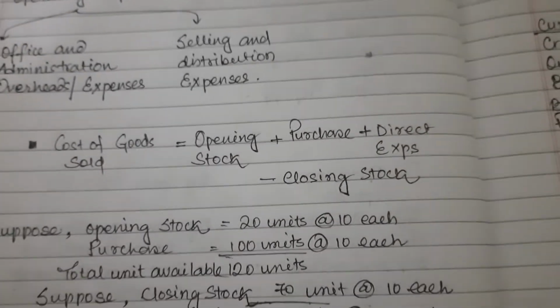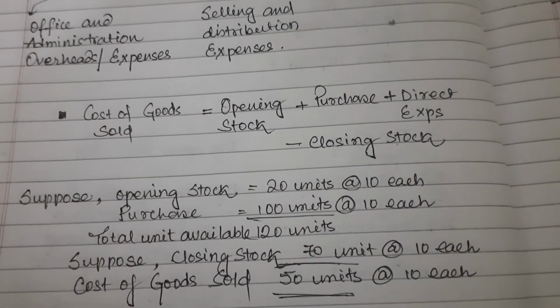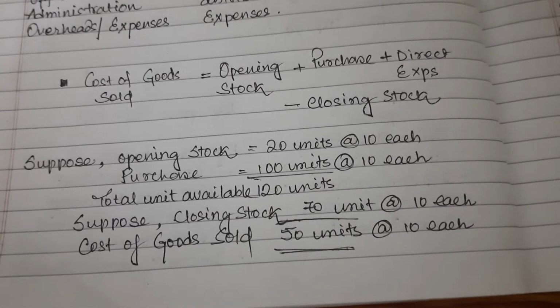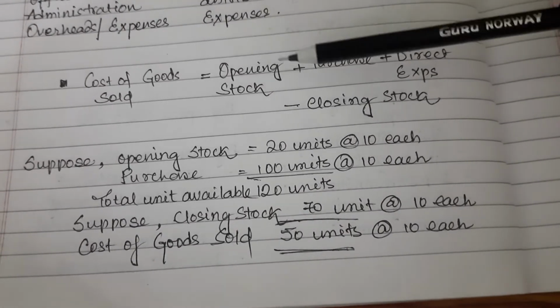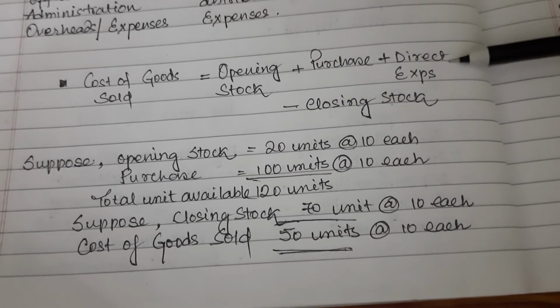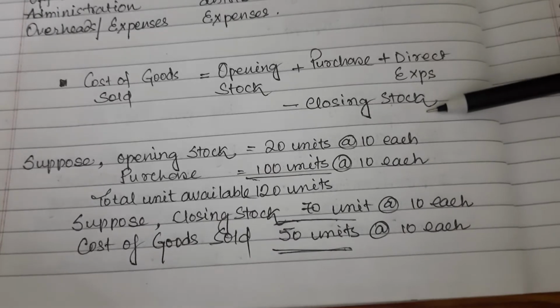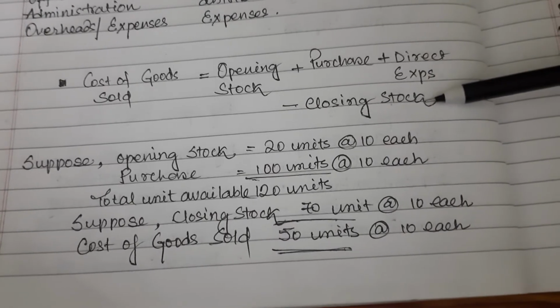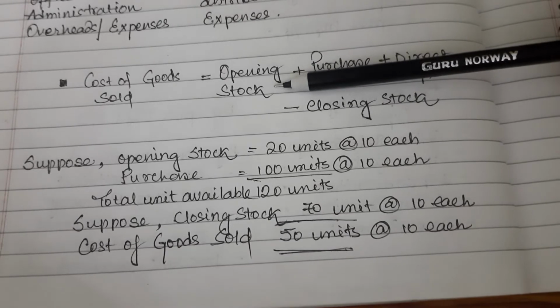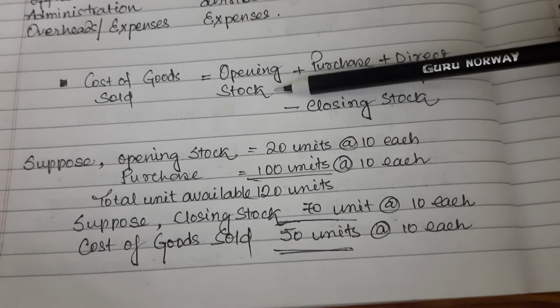Now, what is cost of goods sold? I have clarified it earlier, but here I am explaining it once again. Cost of goods sold means opening stock plus purchase plus direct expenses less closing stock. Why less closing stock? Opening stock is what we have from last year's balance.